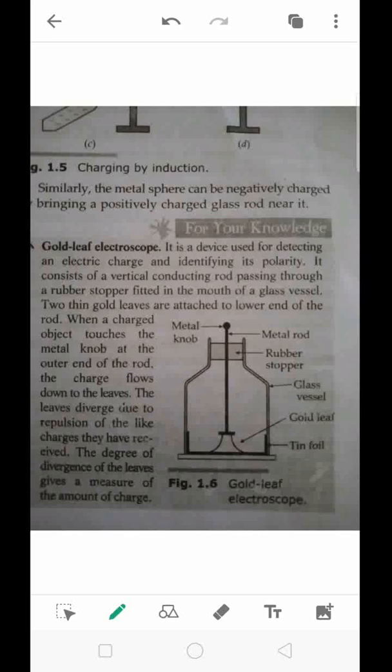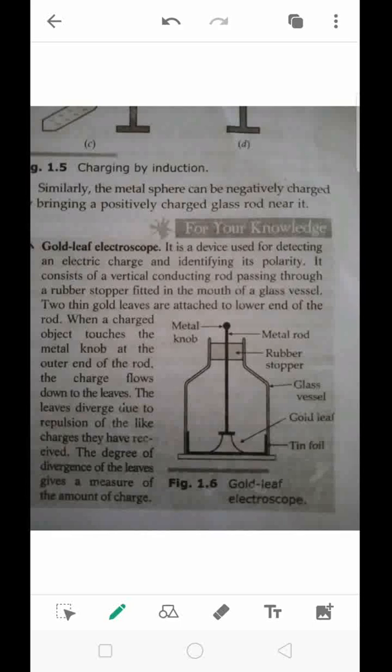Okay, now when a charged body is brought near the metallic knob, the charges will pass through the conducting rod, and the two gold leaves at the bottom will acquire the same charges. If a positively charged glass rod is brought near, both the gold leaves will acquire positive charge by the passage of positive charge from the conducting rod to the gold leaves.